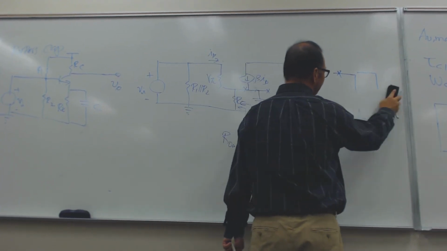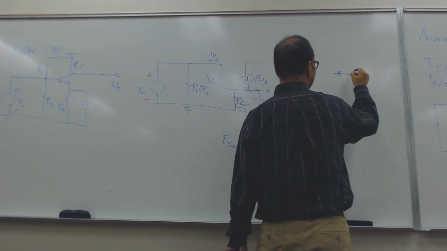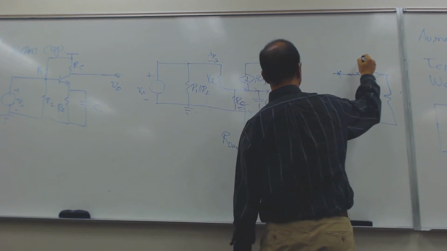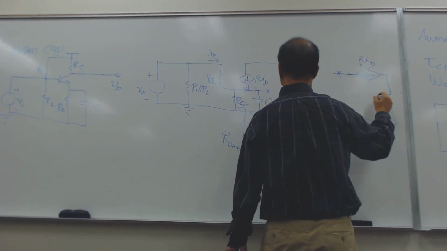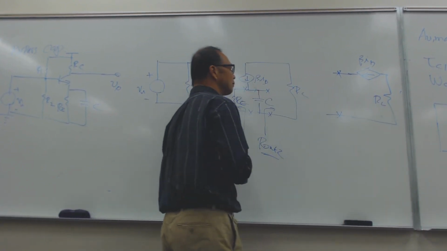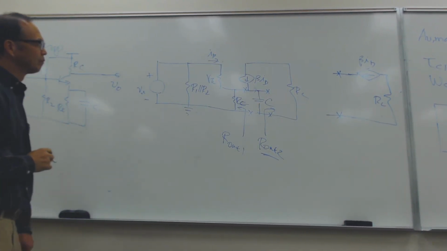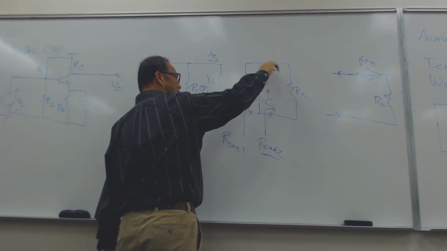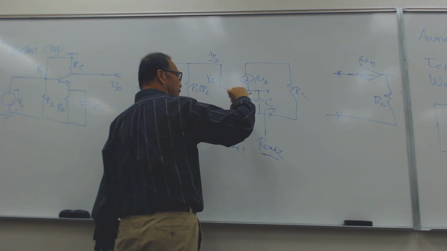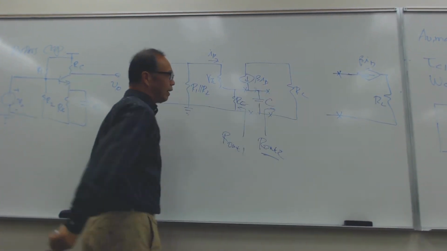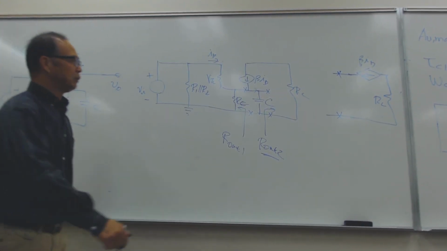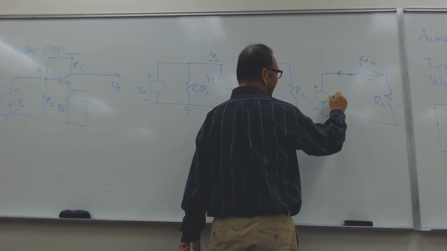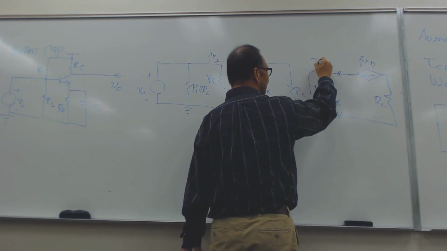No. Like this. Yes? Can you see that? This is in series, right? So if you take this out, look at the other side, that's what you have. And then you can say, okay, I put a test voltage here, right? We test. This is my test.